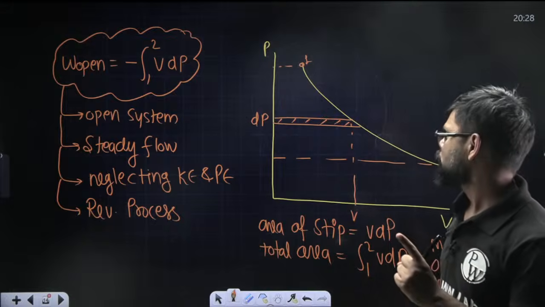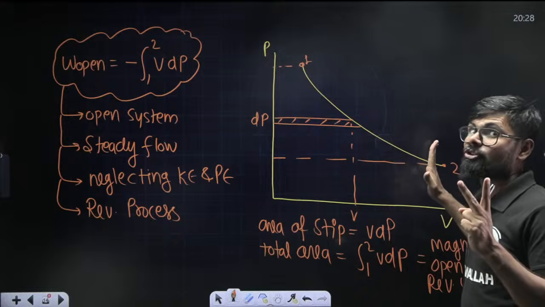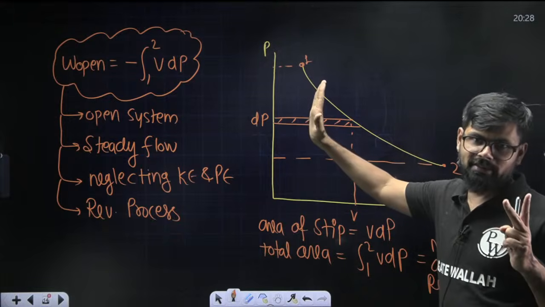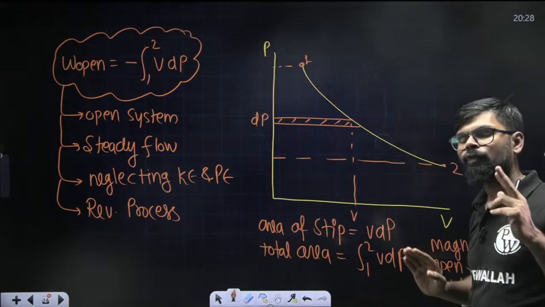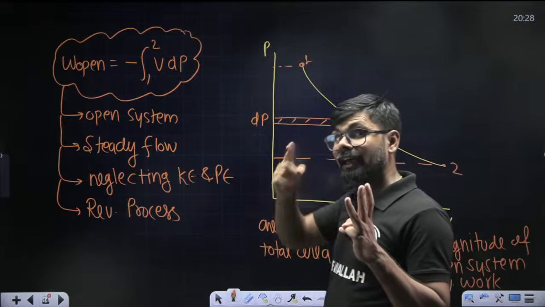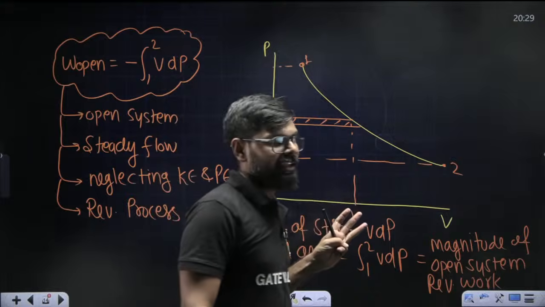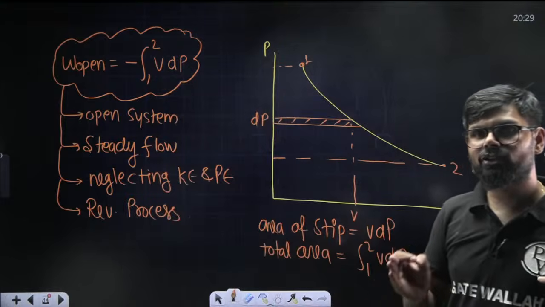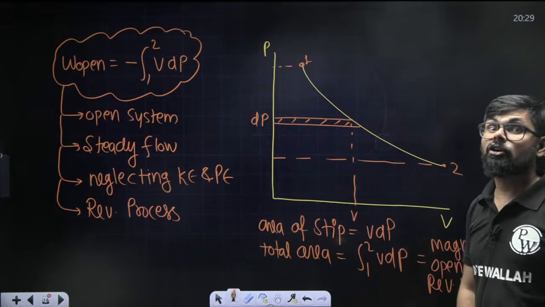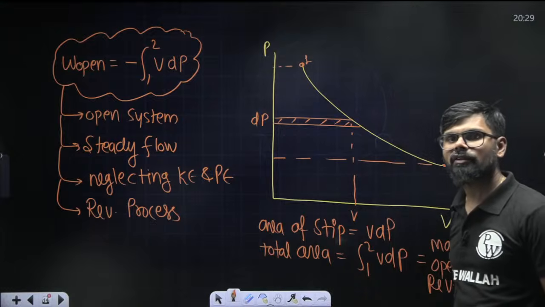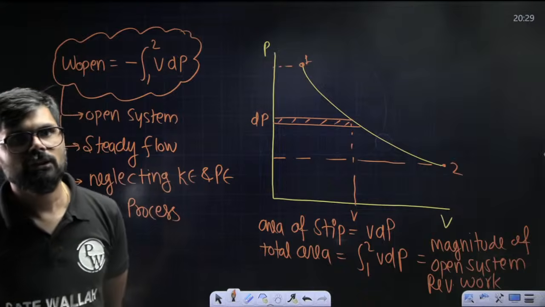Next, expansion work is always positive and compression work is always negative. The third point: the area of the cycle in the PV diagram gives the net work transfer. And the last one: area under the curve when projected on the pressure axis gives open system reversible work. So these 4 things you need to remember.